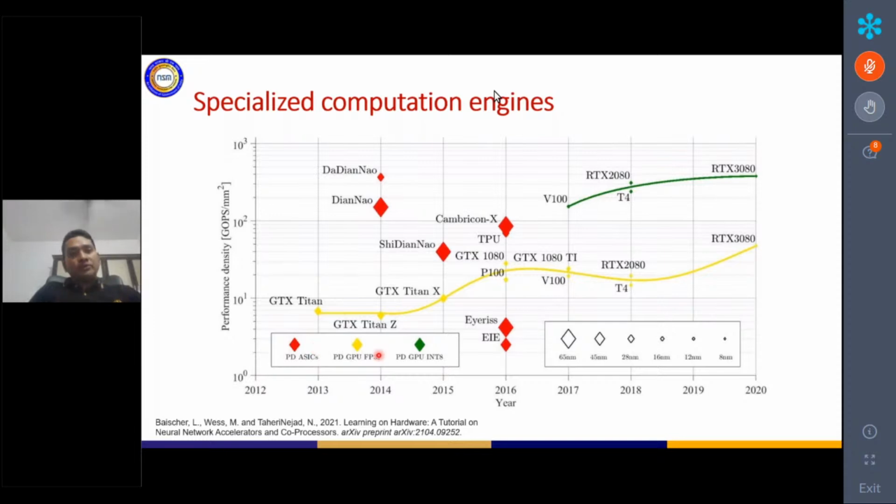And we have GPUs, which are graphics processing units, which nowadays have the flexibility of accelerating your AI benchmarks as well. Why, we will see in the coming slides. But you can see here what is available: ASICs, GPUs with FP32.